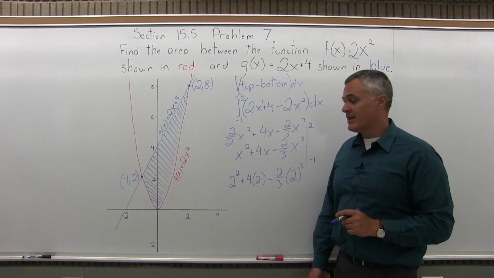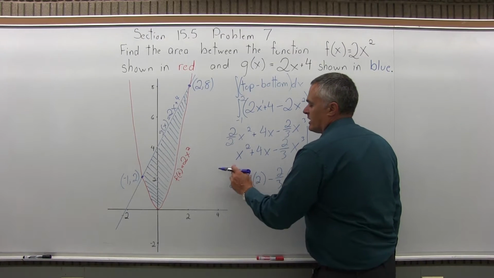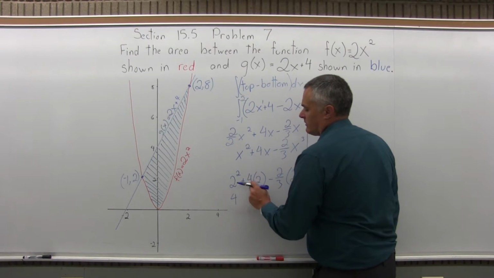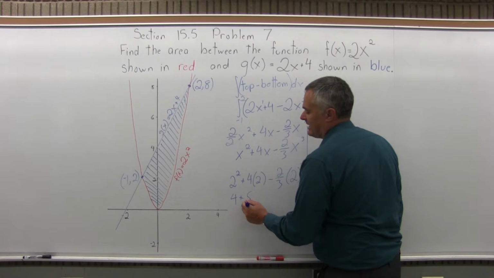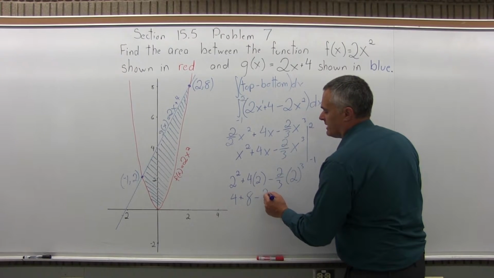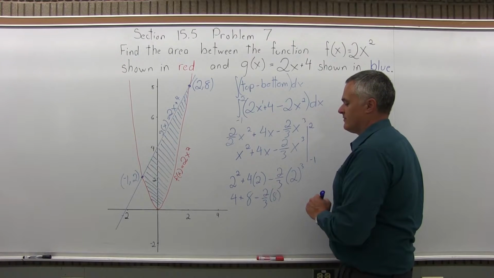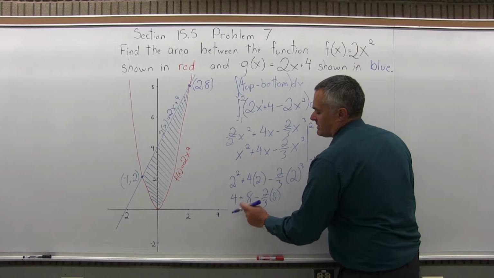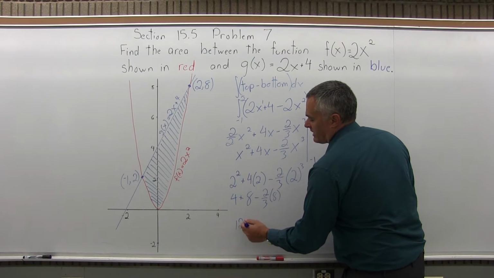So let's go ahead and do the math for that. 2 squared will be 4. Then 4 times 2 will be 8. And 2 cubed is 8. So the 4 plus 8, let me just make that a 12 right now.